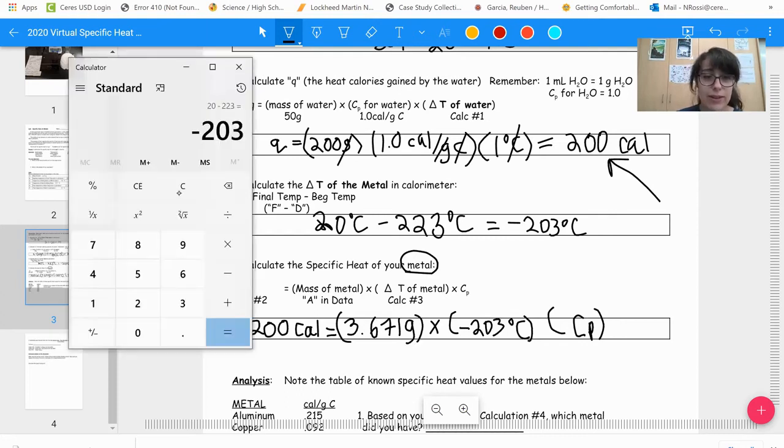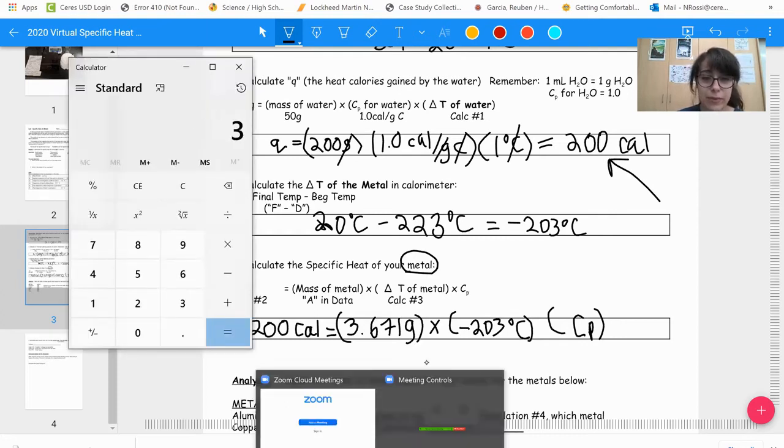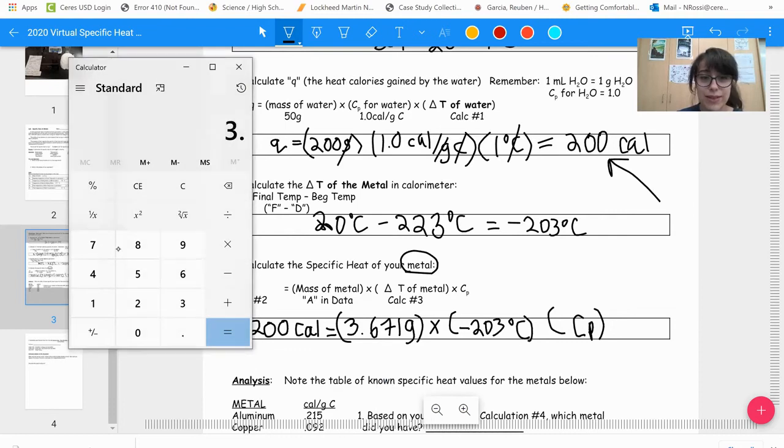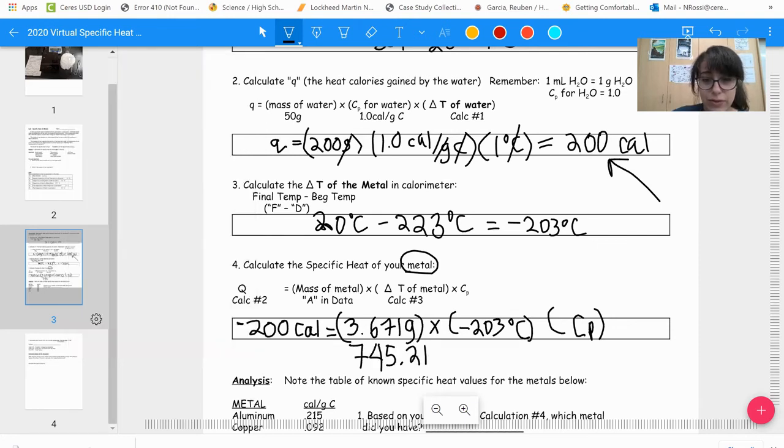So let's go ahead and I will multiply so that you can see what we're doing. So 3.671 times negative 203 is negative 745.213, times c, equal to negative 200.